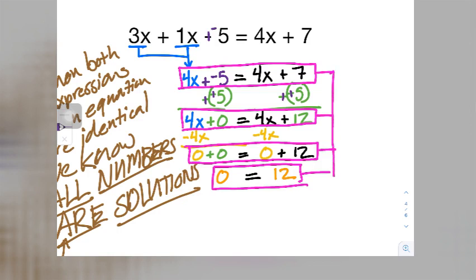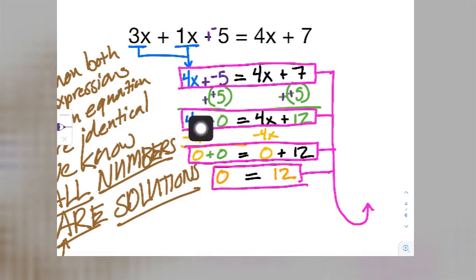It's literally not possible for 0 to equal 12. It just doesn't. It doesn't matter what value x is. There is no value that will make 0 equal to 12.